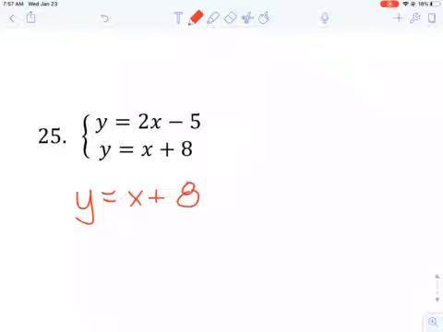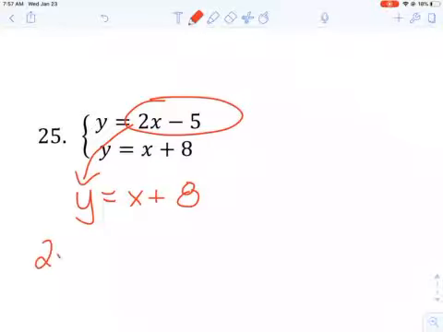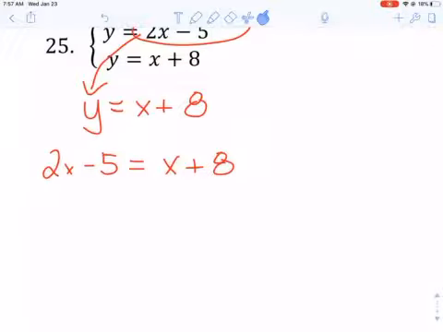So I do have a value for y. Because I know not only does y equal x plus 8, y also equals 2x minus 5. So what I can do is I can substitute that for y. So I'm going to put in 2x minus 5, and I also know that that's going to equal x plus 8. So now I can just solve each side.